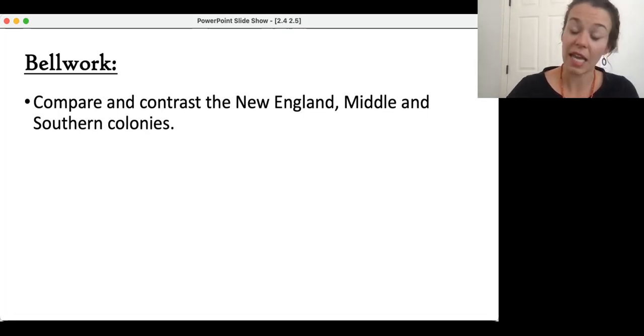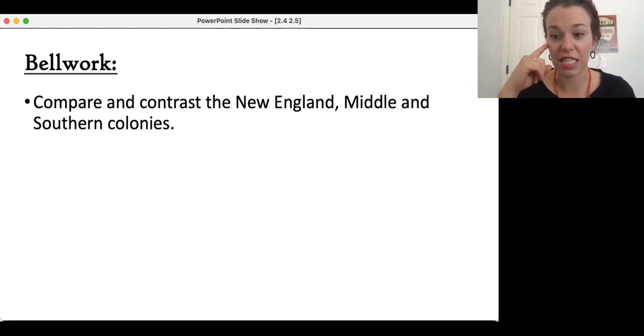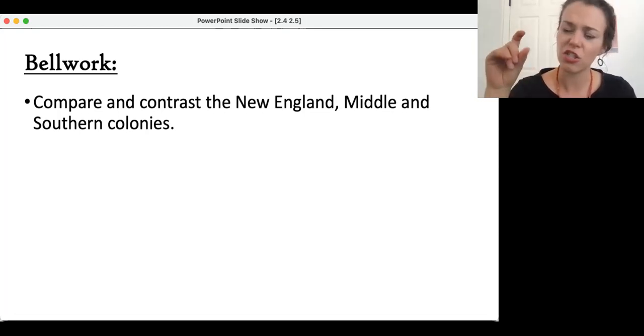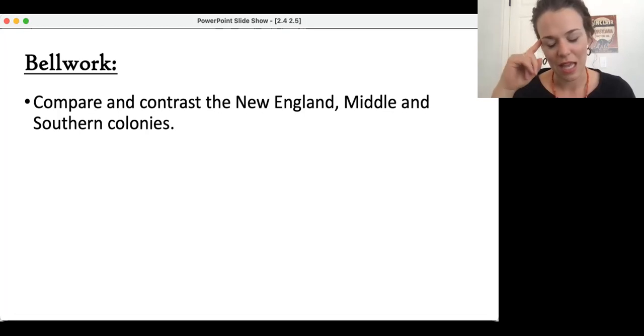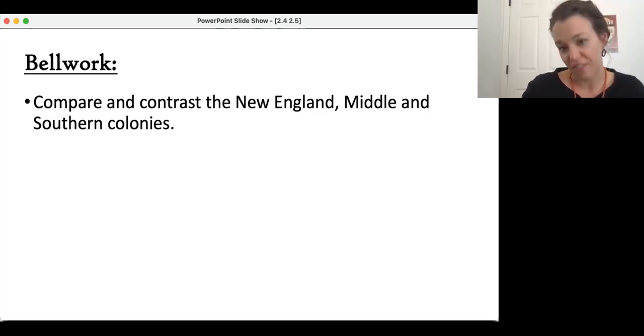If you can't, if you're like, I don't know, they're Puritans in New England, I guess, slaves in the South, great. That's an identification. So if you were going to get an SAQ, a short answer question, another essay prompt on the AP test, they might ask you to identify differences between the colonial regions.